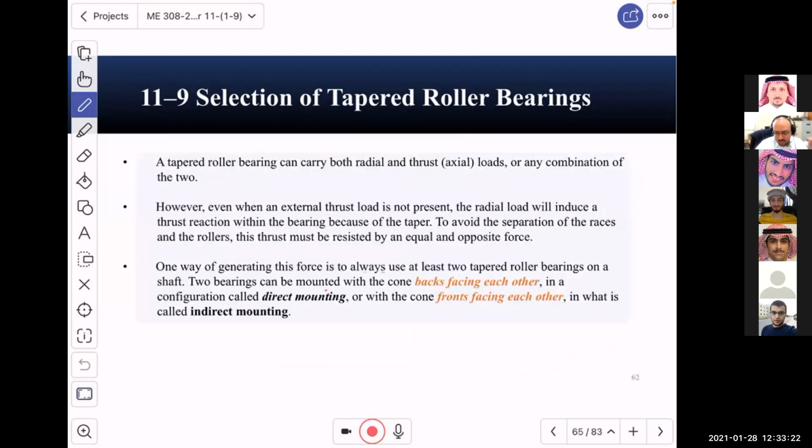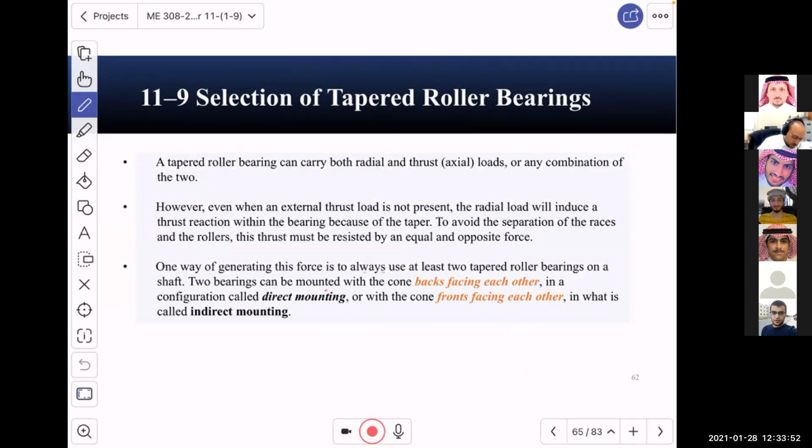Now, what you need to understand is some details about tapered bearings. The first thing is that they can be used for a situation where only radial load is applied, or where only thrust load is applied, or both combined. However, there is something which is different here.